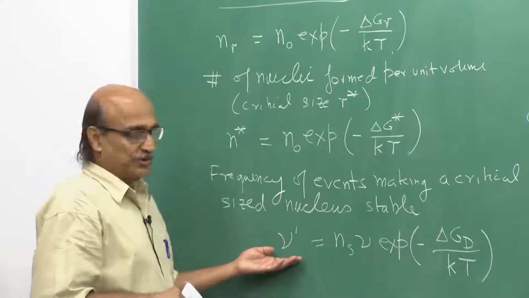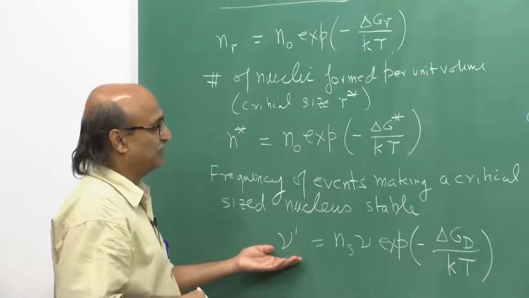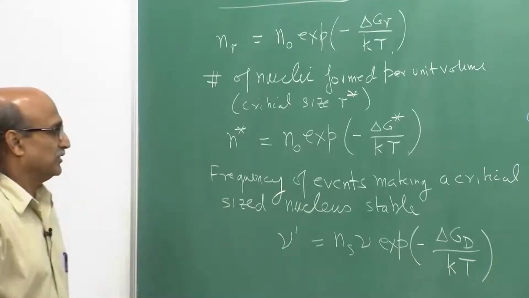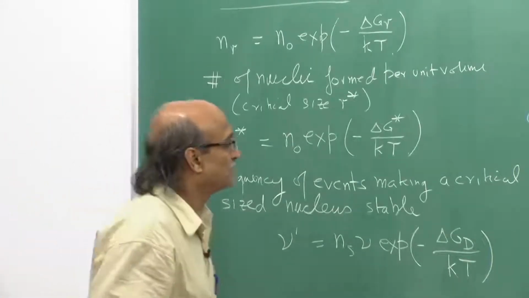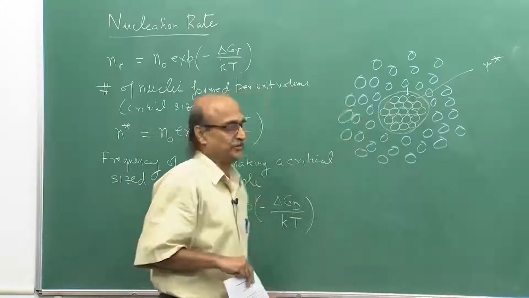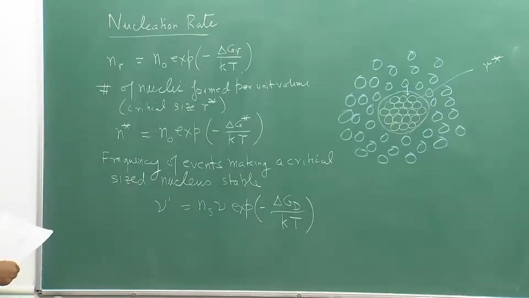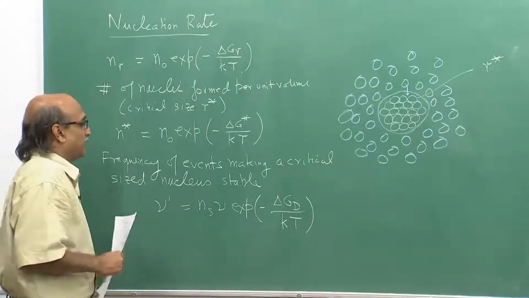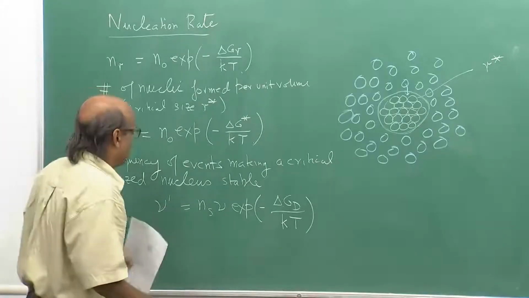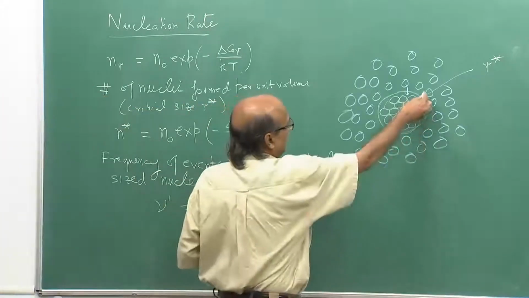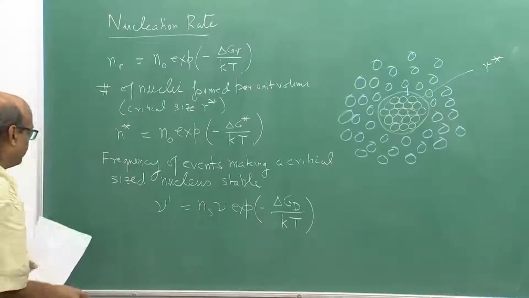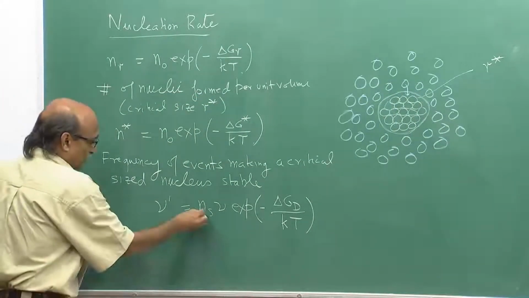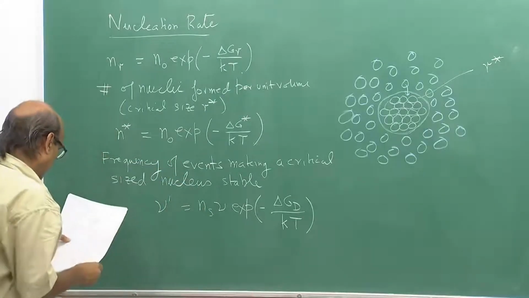Nu prime is the frequency of events which will lead to a critical nucleus becoming supercritical, which means an atom comes and joins the critical sized nucleus. This frequency would be dependent on how many atoms are surrounding the nucleus, and that is what this term Ns denotes.